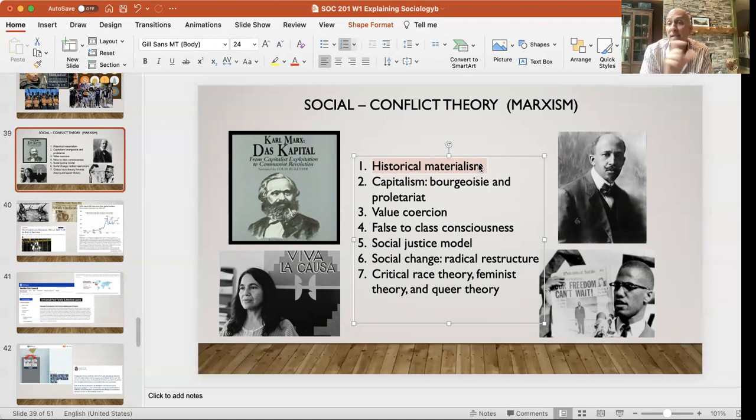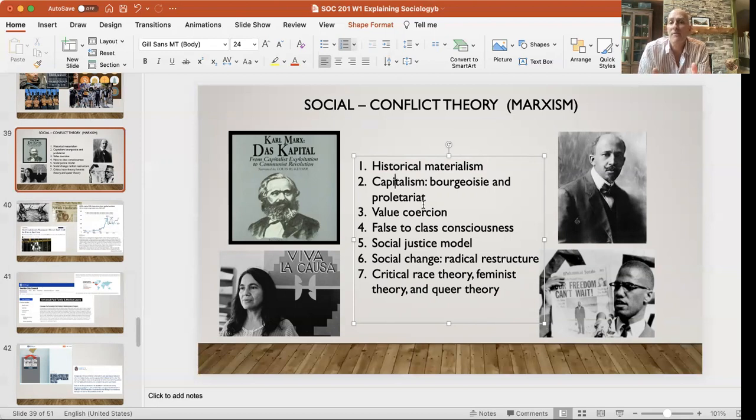Rather than a value consensus, as in the functionalist viewpoint where society is a value consensus, conflict theory sees society as structured in a system of value coercion. The powerful are shaping the values and institutions of life, and the general public is, to a larger degree, at the mercy of the bourgeoisie, the owners.